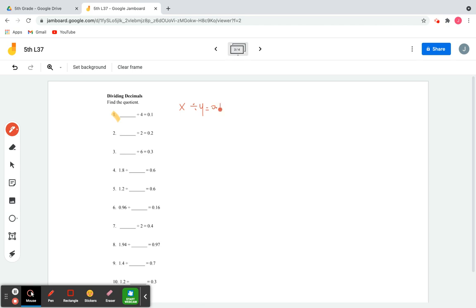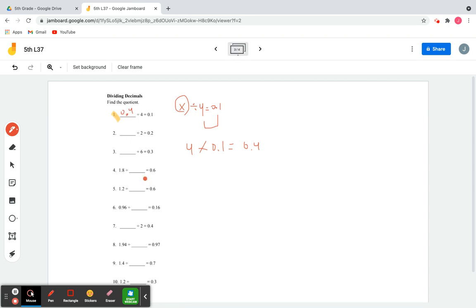So in order to solve this x, I'm going to multiply 4 and then 0.1, so I can get x, right? So 4 times 0.1 is equal to 0.4. So the final answer for number 1 is going to be 0.4.